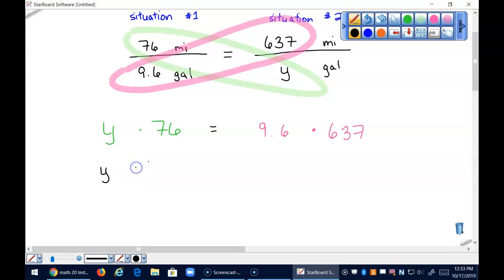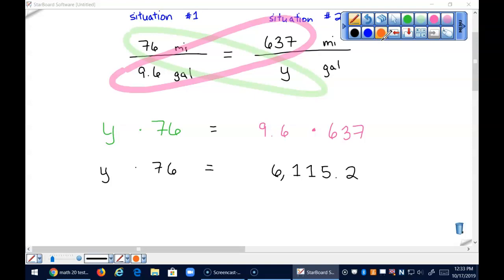So y times 76 is whatever that is, 9.6 times 637. I have something stuck onto y with multiply by 76.